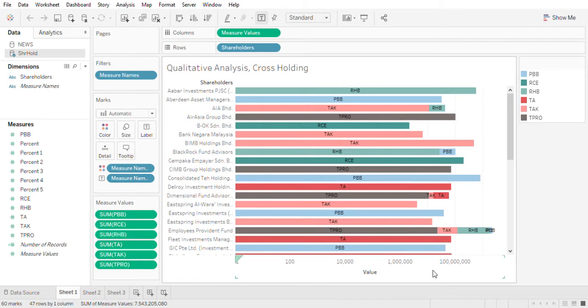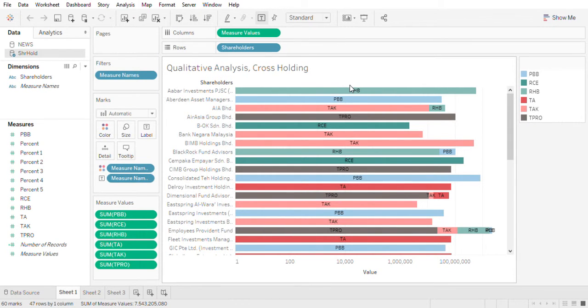For better visualization we selected the horizontal style, just because the size of the data matrix was such that it was better in a horizontal direction than the vertical direction. But nevertheless, the columns still remain the measure values, and the rows, which are the dimensions, become the shareholders over here.